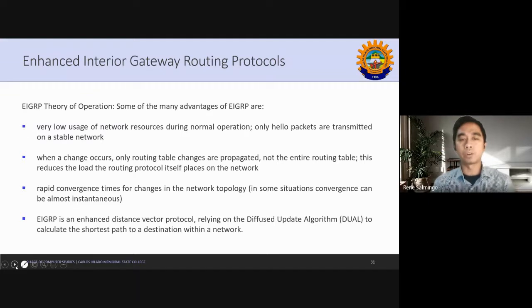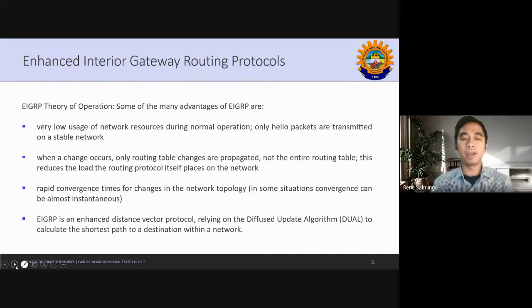When a change occurs, only routing table changes are propagated, not the entire routing table. This reduces the load the routing protocol itself places on the network. And also, we have rapid convergence times for changes in the network topology.